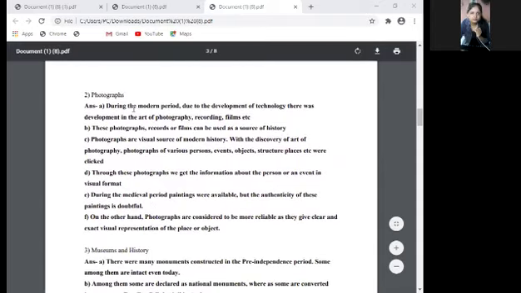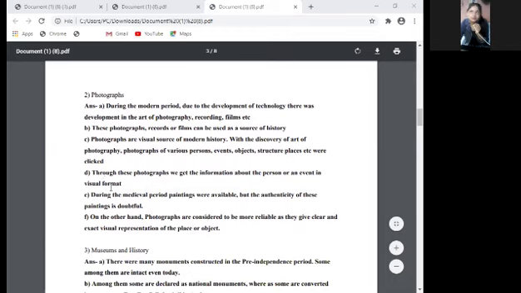Photographs during the modern period. Due to development of technology, there was development in the art of photography, recording and films. These photographs, records, films can be used as a source of history. Photographs are a visual source of modern history, and with the discovery of the art of photography, photographs of various persons, events, objects, structures, places were clicked. Through these photographs, we get the information about the person or an event in visual format.